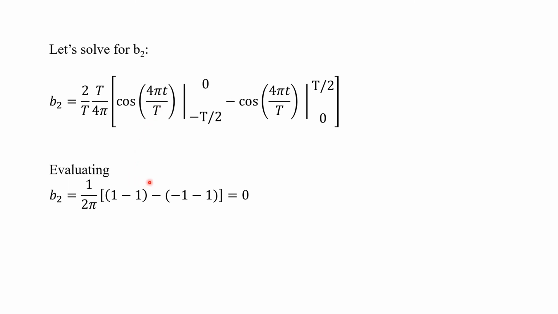So you have 1 minus 1, minus this term here. You have cosine 4 pi t over T using T over 2, which is equal to 1, minus cosine 0, that's 1. So we have 1 minus 1. This is equal to 0. Thus, your b2 is equal to 0.